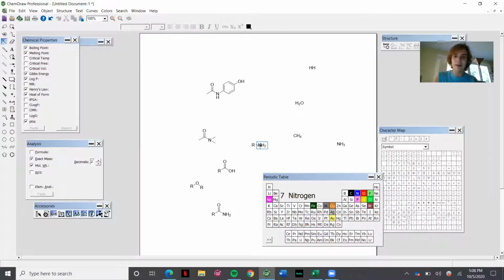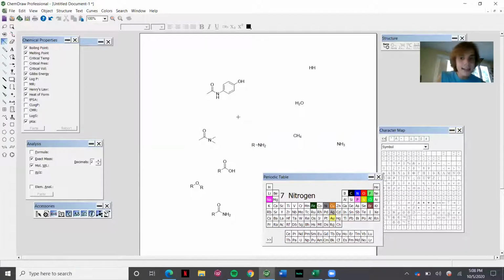So a nitrogen bonded to anything else, we call it an amine. This is the R group, so it could be any other molecule, 1 bond is the important part to remember. It will have 2 hydrogens bonded to it, because in order to be stable, it needs at least 3 bonds among its core, the nitrogen core. So now we have an NH2.